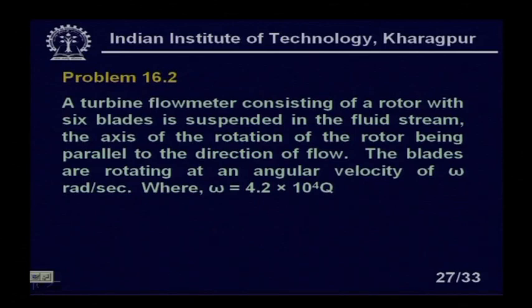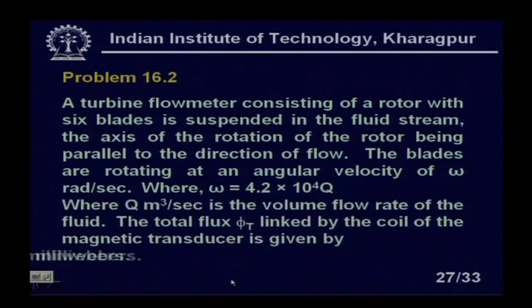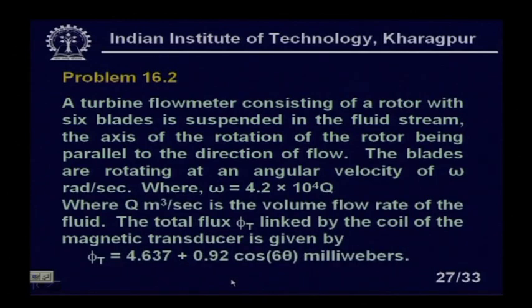The blades are rotating at an angular velocity of omega radians per second, where omega equal to 4.2 into 10 to the power 4 q, where q meter cube per second is the volume flow rate of the fluid, and the total flux phi t linked by the coil or the magnetic transducer is given by 4.637 plus 0.92 cos 6 theta.